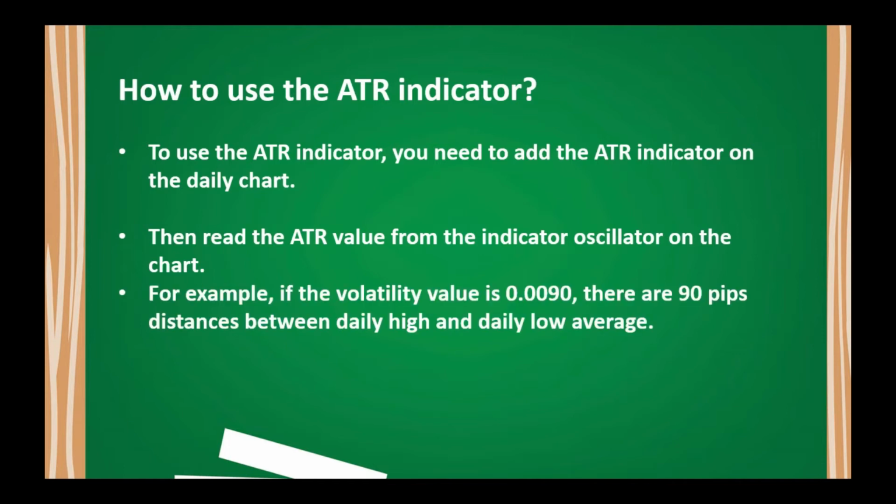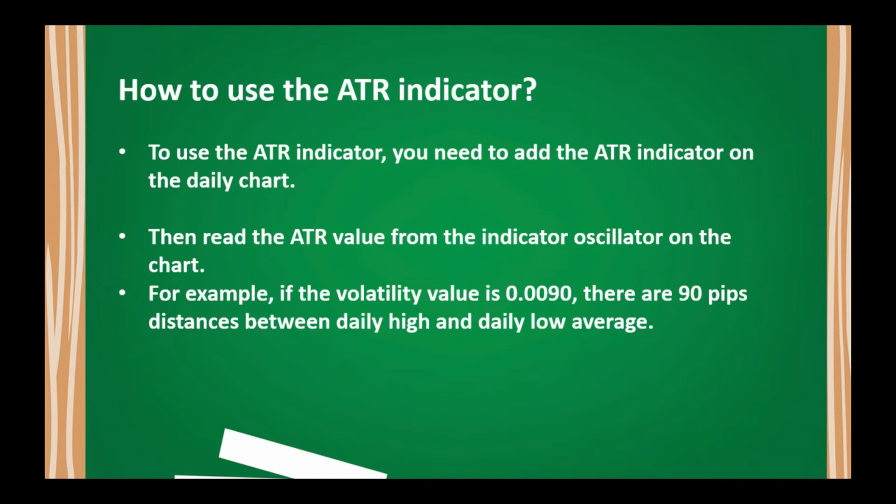For example, if the volatility value for euro dollar is 0.0090, that means there are 90 pips distance between daily high and daily low on average.